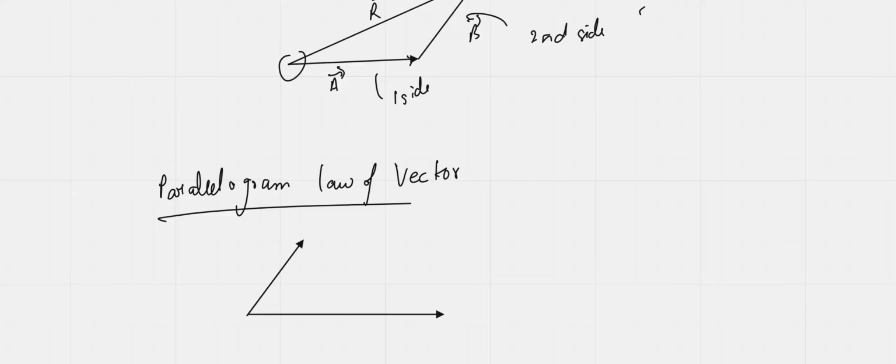Then what is the resultant of these two vectors? If I say these are two vectors, the resultant will be the diagonal of these two vectors. So this is what you are going to get as a third side. If you want to complete it, it will look like this.